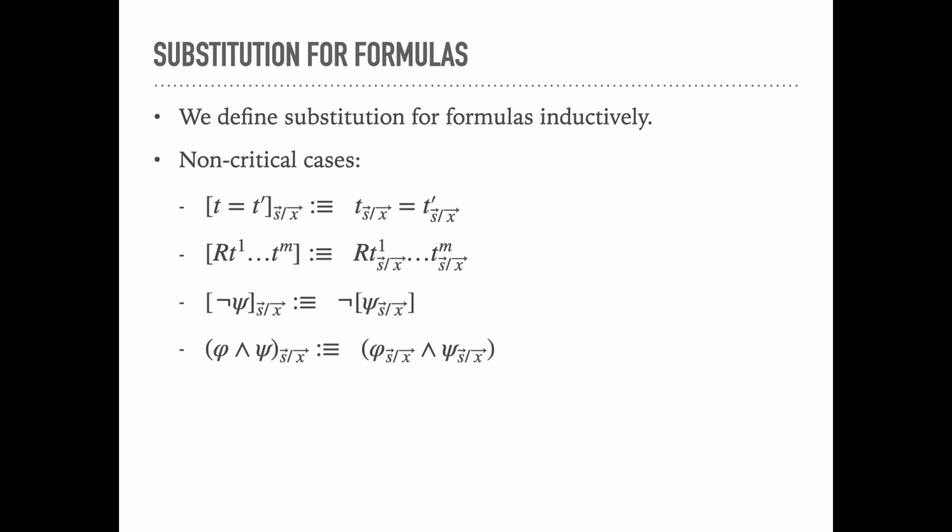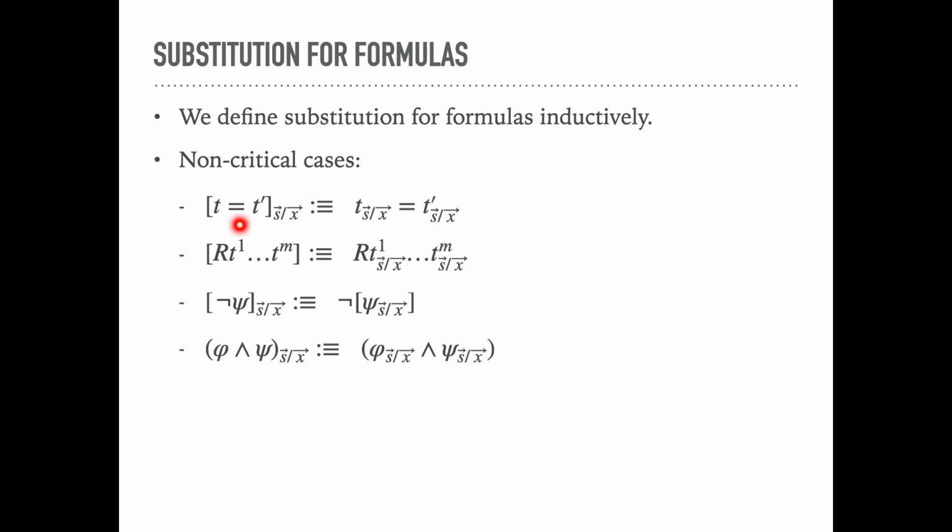Now we can move on to substitution for formulas. Here in this case we define it inductively because there is this case of the quantifier that we have to be careful with, so that's why we have to do it inductively here. All cases except for the quantifier case in the definition of a formula are unproblematic.